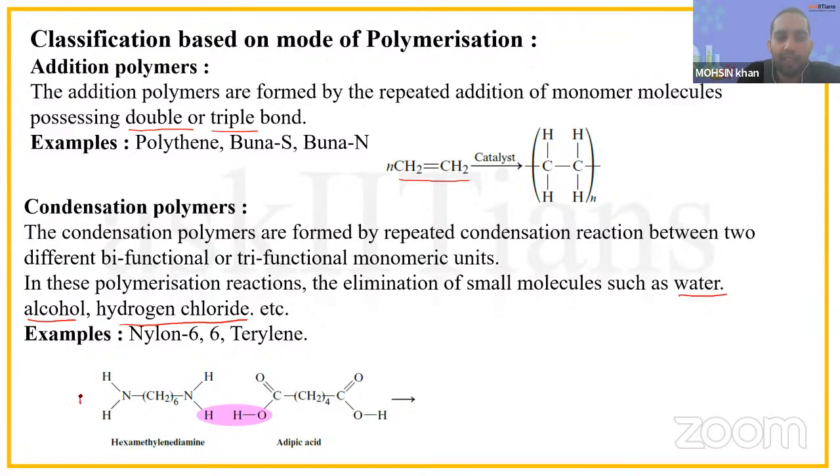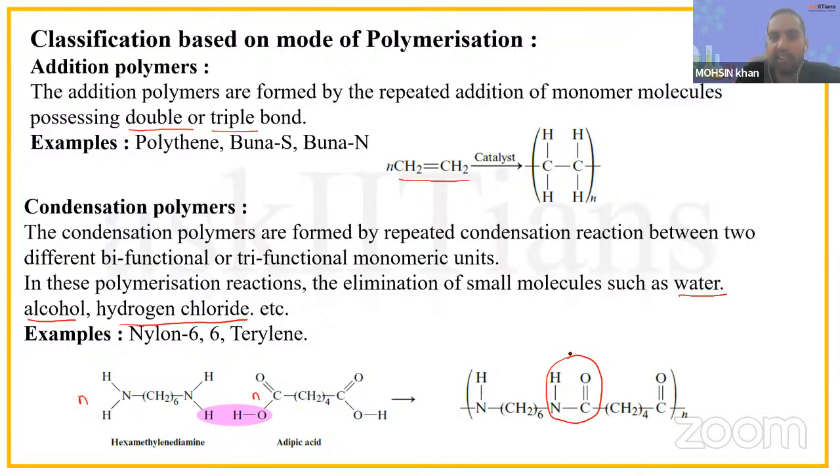If we take n molecules of hexamethylene diamine and n molecules of adipic acid, we will get the polymer like this. Here the condensation is occurring at this bond. This is the amide group, CONH. So we get an amide linkage here. We can see this is the formation of polymer.